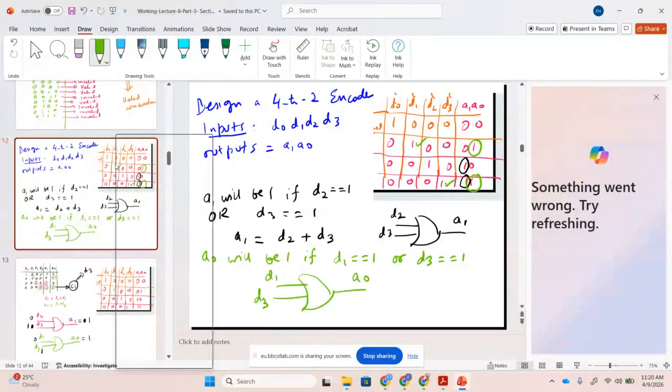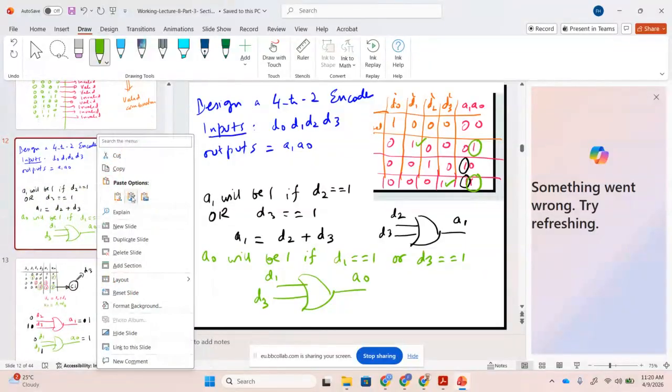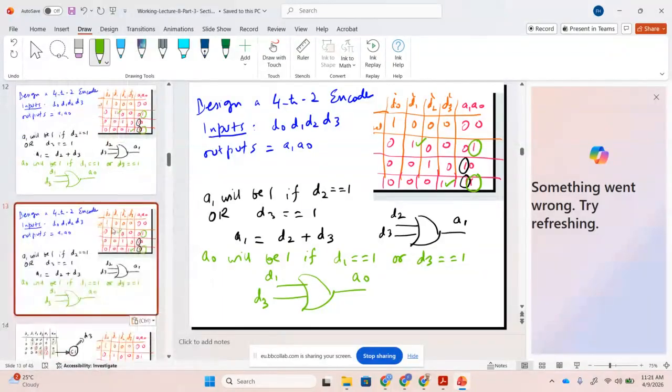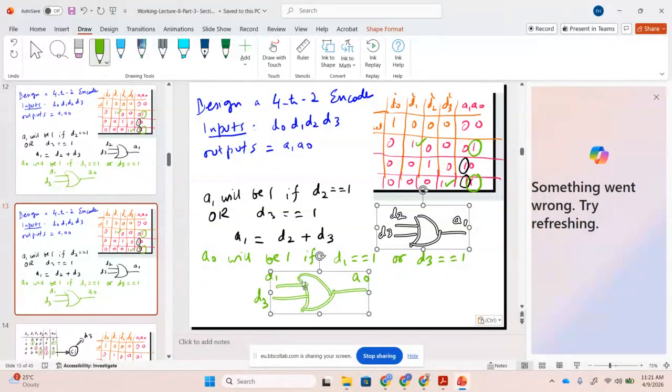Okay, now I'm going to do this with different examples. Got it or not got it? So now these are the expressions, this one and this one. Now I'm making it here.